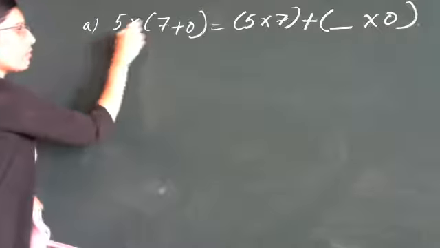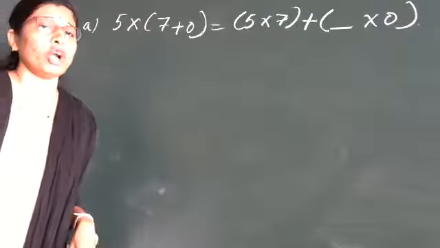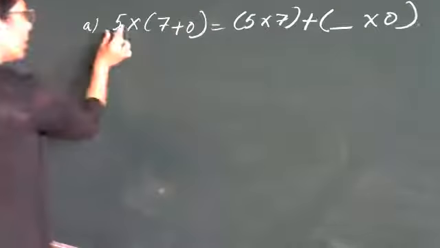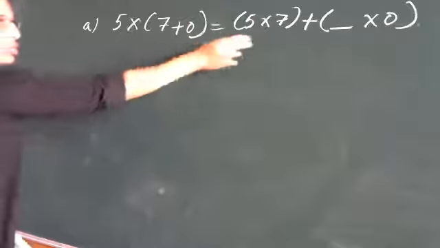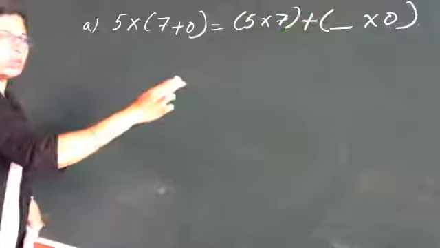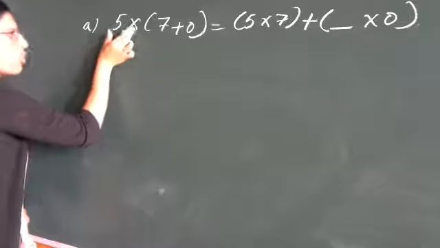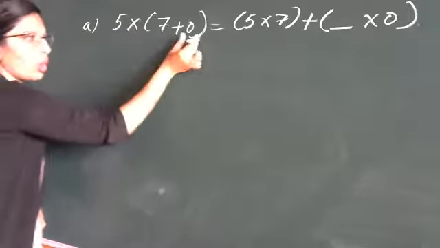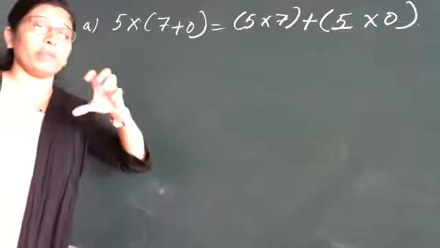Now here they have given 5. 5 will come. You have to remember the property.